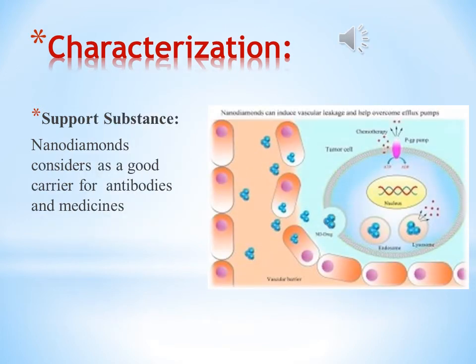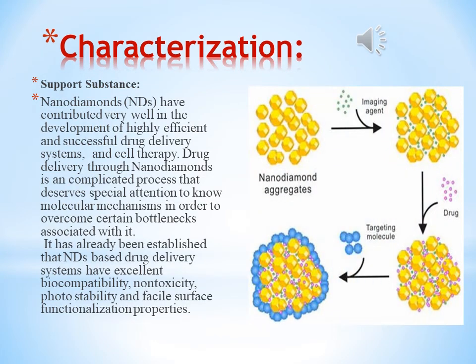Support substances. Nanodiamonds are good carriers for antibodies and medicines because they have nano size and non-toxicity. So they are considered a good carrier for antibodies and drugs. Nanodiamonds have contributed very well to the development of highly efficient and successful drug delivery systems and cell therapy.